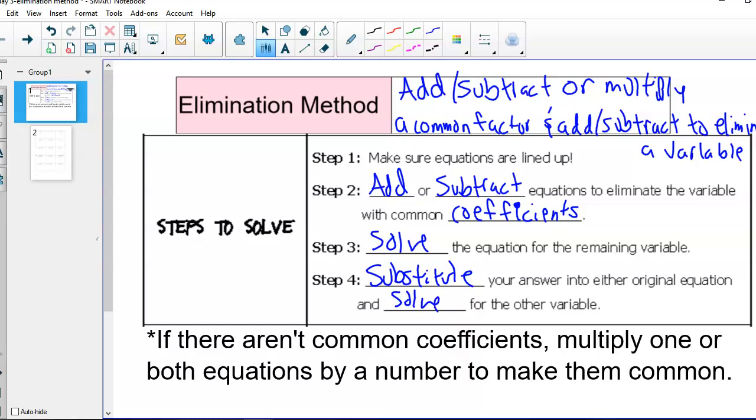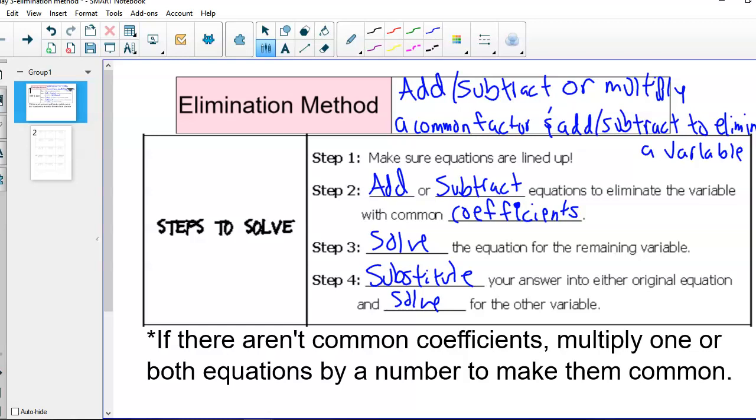So add, subtract, or multiply the equations to eliminate the variable. Some of them will have common coefficients, and we'll be looking at those to see if we can add or subtract them. If they don't, then we end up multiplying.